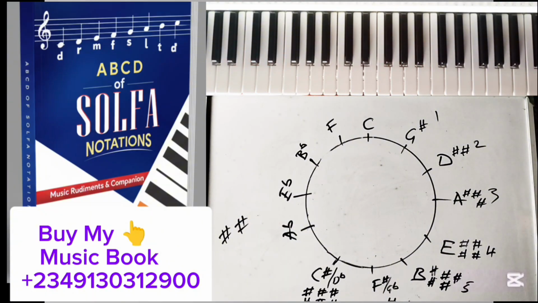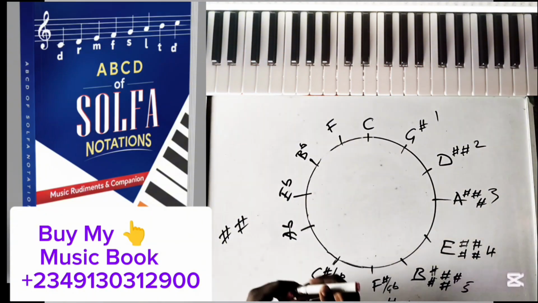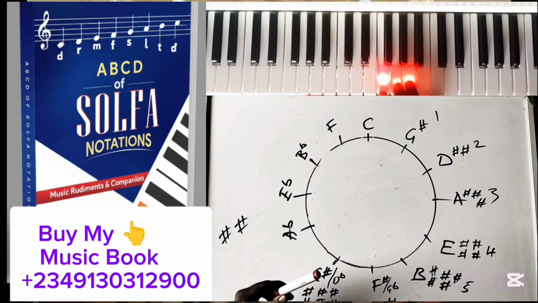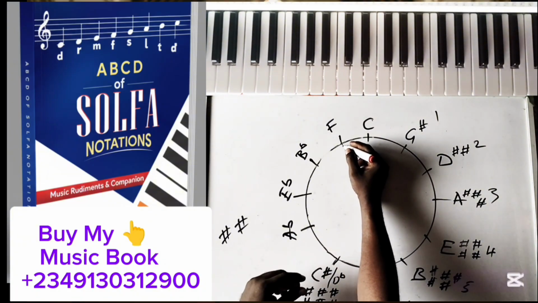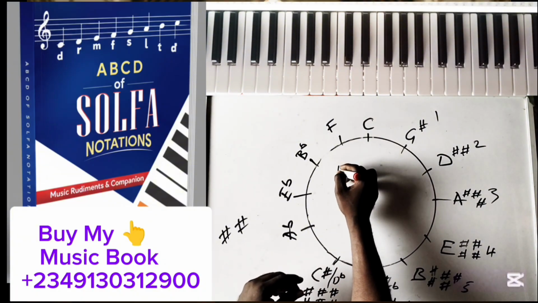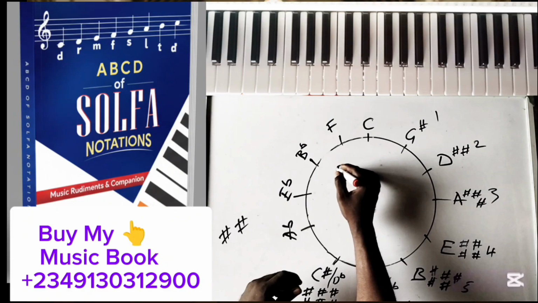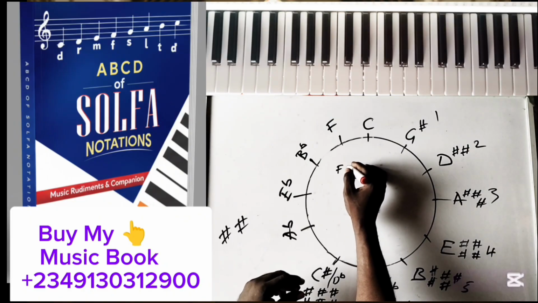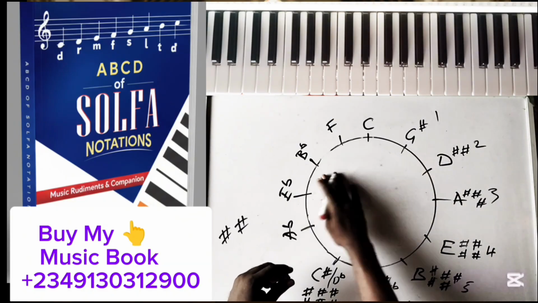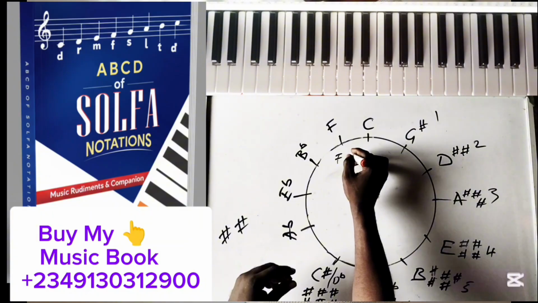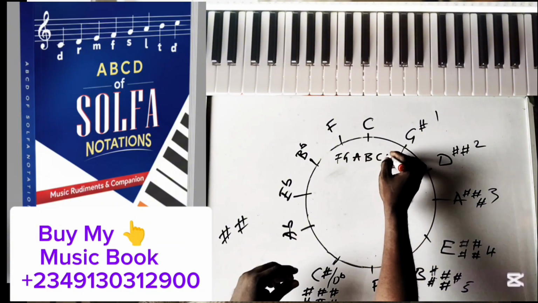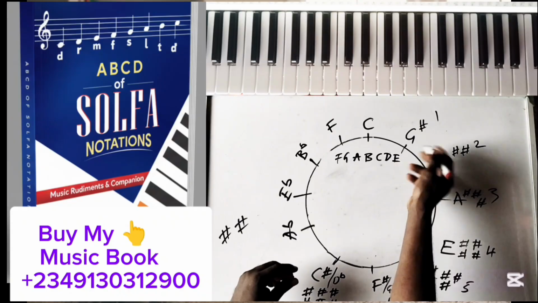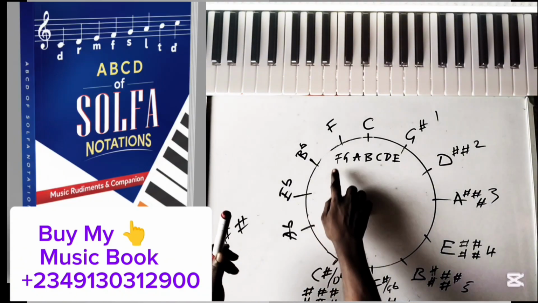Let's try it now. Okay. The fourth note of F is what? Fa. So do, re, mi, fa. So if you write F, G, A, B, C, D, E. I'll not write the A. So the fourth note, 1, 2, 3.